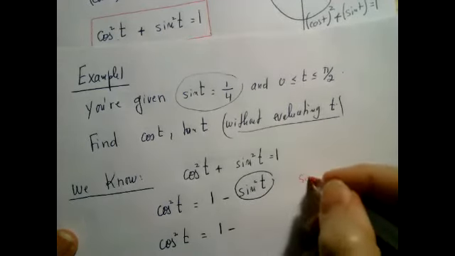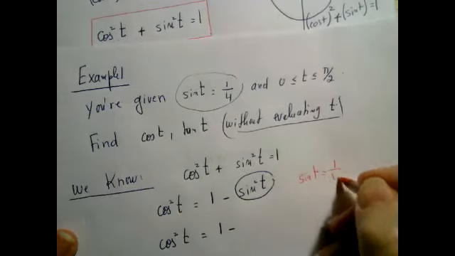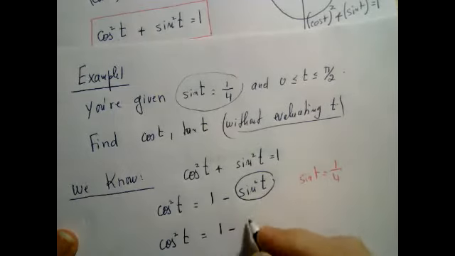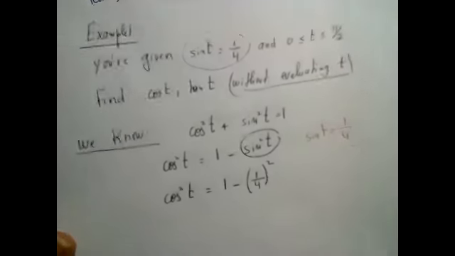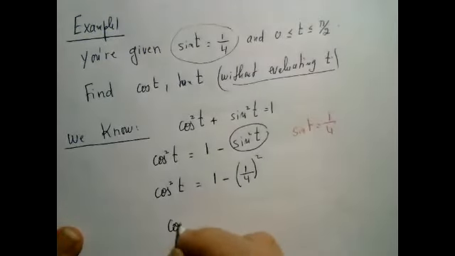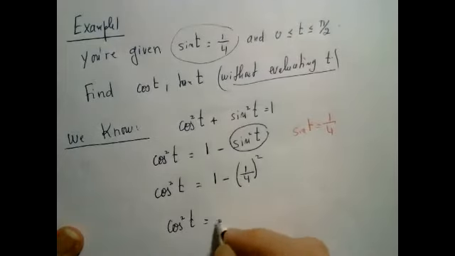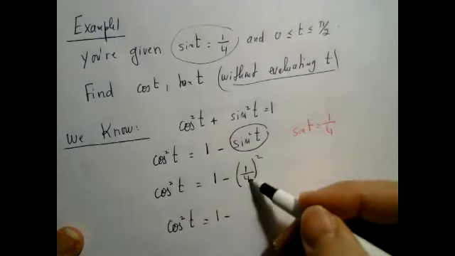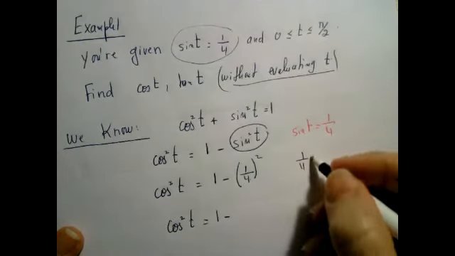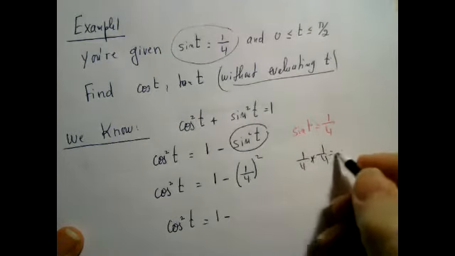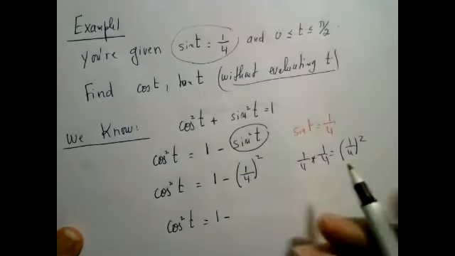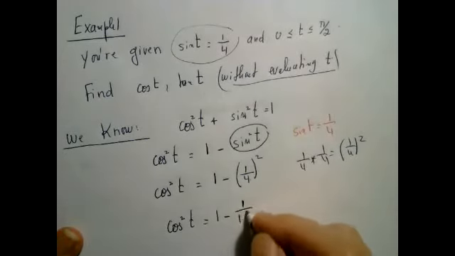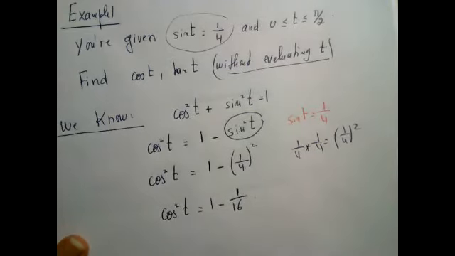Sine of t, and Kishan is right, is 1/4. So this is 1 minus 1/4 squared. Now we have to do the math. 1/4 squared is 1/4 times 1/4, which is 1/16. We want to do this exactly, so I don't want decimals or any calculator use.